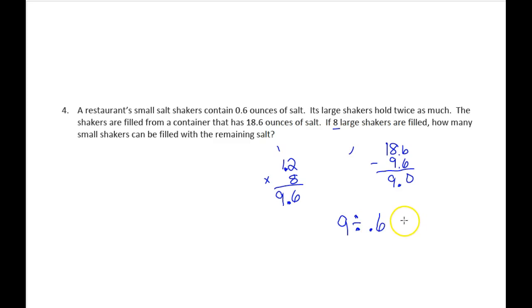Let's do something so that we can get rid of the decimal. So I'm going to multiply this times 10 to get rid of the decimal, but it means I have to do the same to the other number because we have to treat them equally.